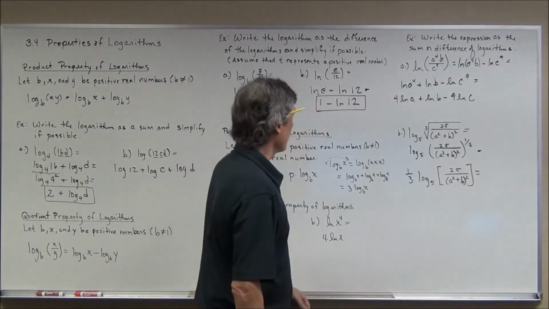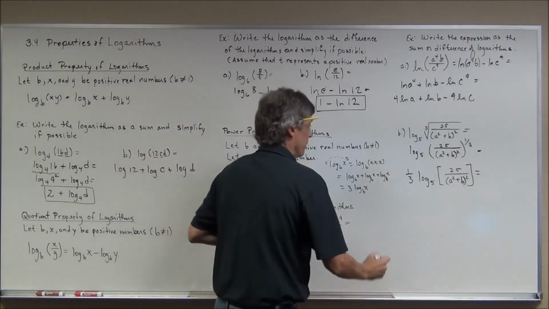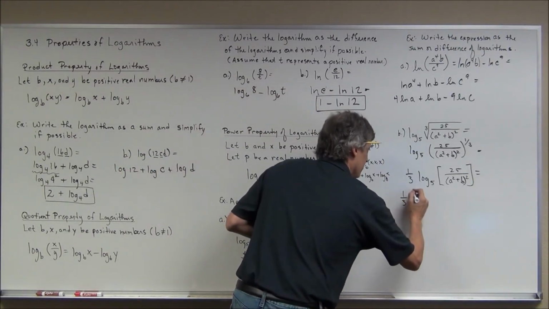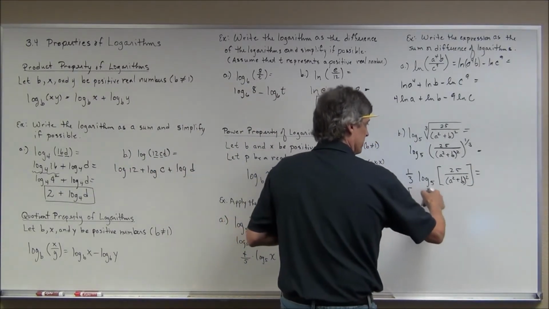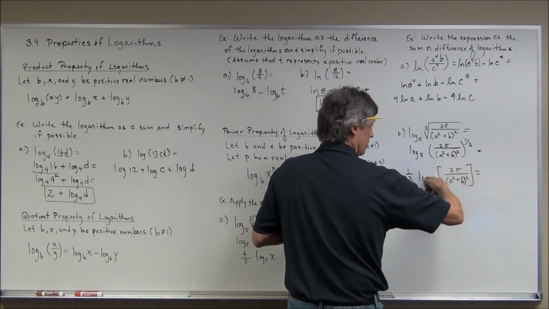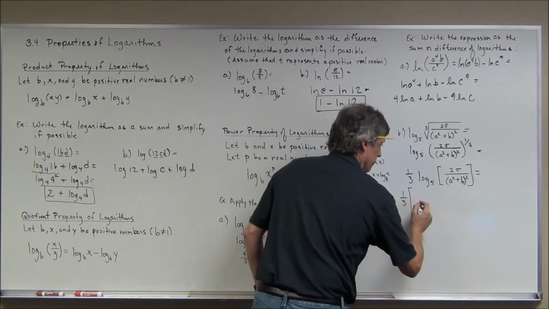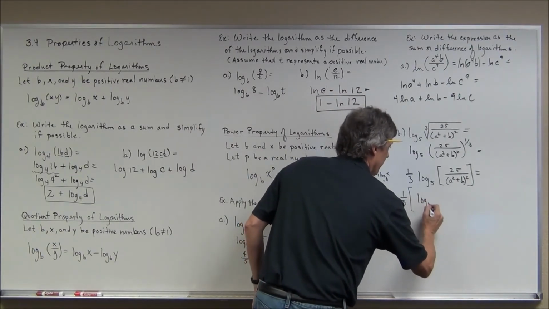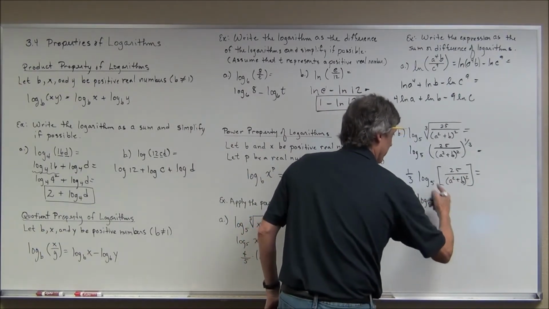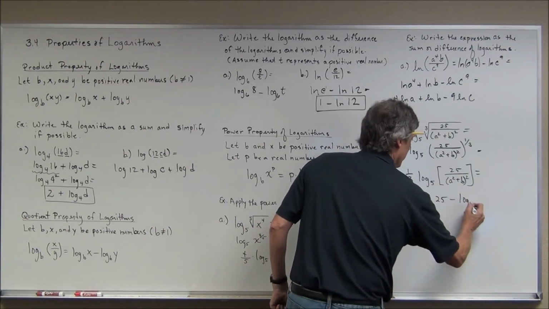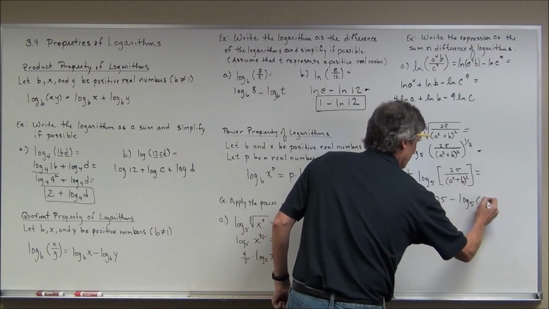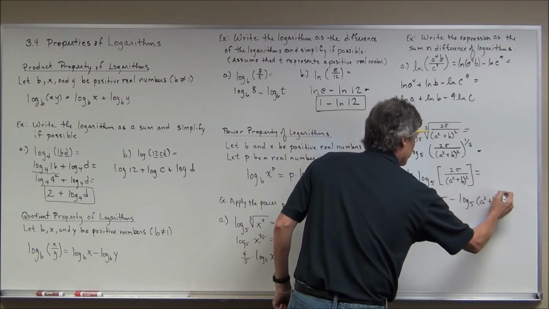Now I'm going to use the quotient property. Watch what I'm going to do here. Because I'm going to break this into two terms, I need to bring the 1/3 out in front. So this would be the log base 5 of the numerator, minus the log base 5 of the denominator, a squared plus b to the second power.